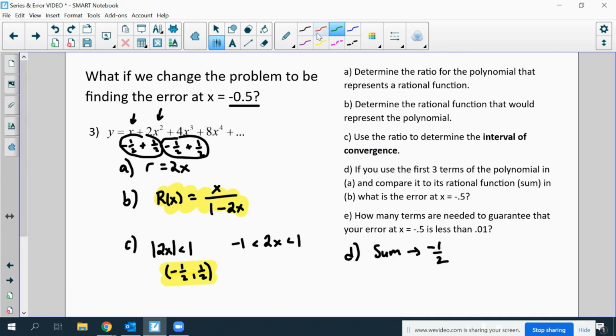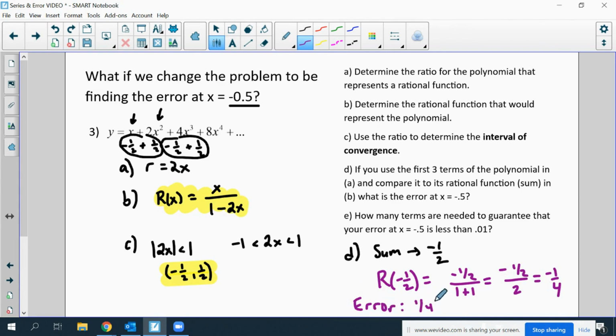So the sum is negative 1/2, but the function value at negative 1/2 for my rational function is negative 1/2 over 2, which is negative 1/4. So my error is 1/4 if I take the absolute value of the difference.